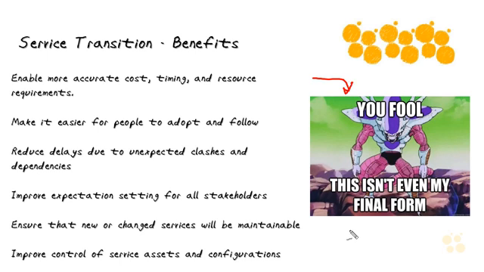And that's the thing: you are not going to be in the final form yet until you transition from your plans into operations. So think of it as a transformation from not having that service in play to having that service in play.